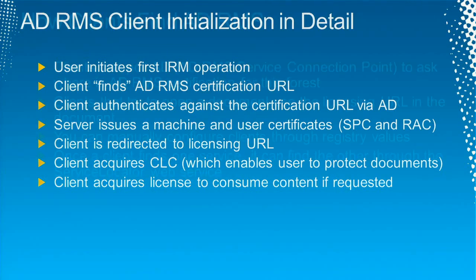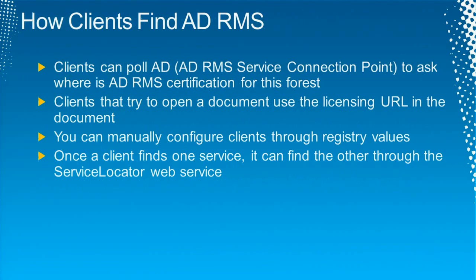All right, so how clients find RMS, I'll go through this pretty quickly. The first part is we're going to look at the service connection point in the AD for that forest, and there's an object category in there for AD RMS, so you just have to edit that value with the correct permissions. The other part is we also support another type of service discovery, which is consumption first.